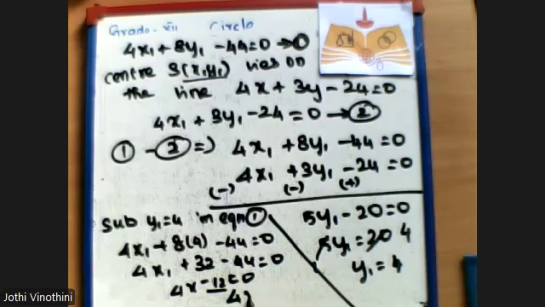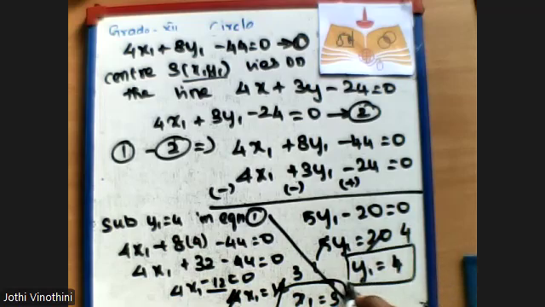So it will be 4x1 equals 12. 1 4s are 4, 3 4s are 12. So x1 equals 3. So now we have the value of the center, which is x1 and y1, right? Which is 3, 4. I will give you 1 more minute so you can copy this and we will end the sum.